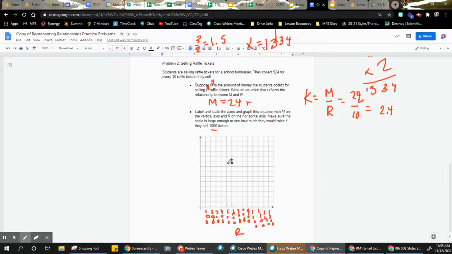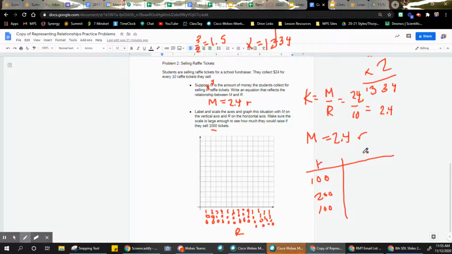Okay, so now I have to figure out how much money that means I'm going to be making. So I'm going to plug in and make my table. I've got M equals 2.4 R. To make my table, I'm going to figure out my 100, my 200, and my 1,000.